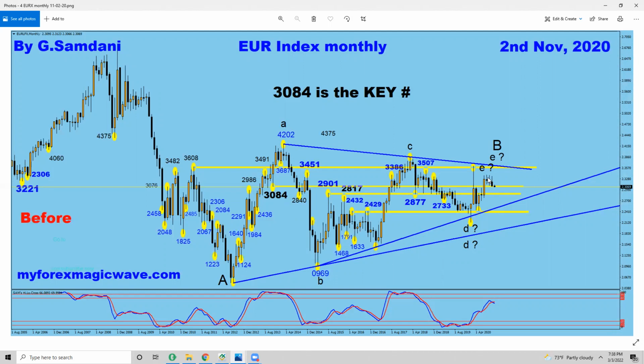Either it's finished or it's going to go up here, hit this TL and this high here, 3608, and then drop, right? So that's the idea. And this would be the way leg E finishes this triangle, and then we go for wave 5 to the downside.